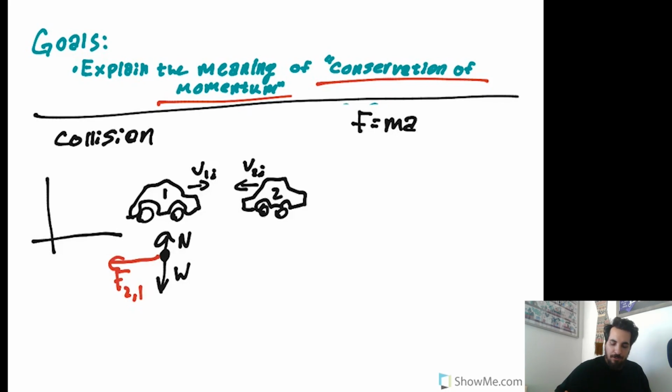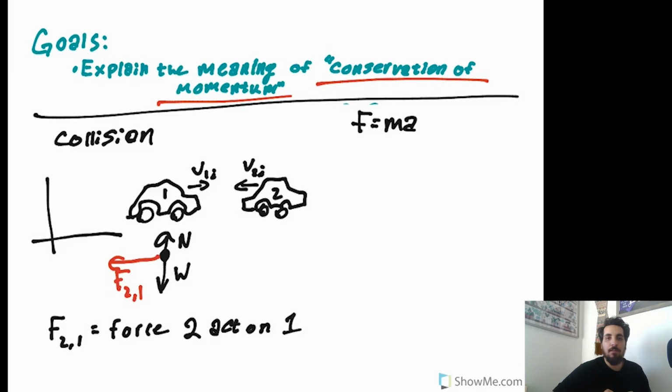I'm using the notation F2 on 1 to be the force of car 2 acting on car 1. So the first thing in the subscript is the thing causing the force. The second thing is the thing feeling the force. So here, force 2 on 1.